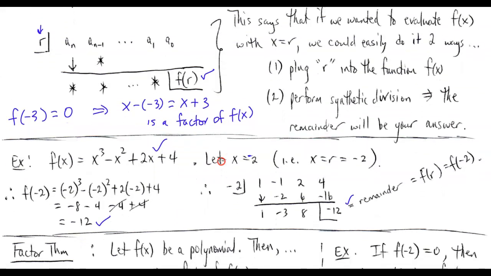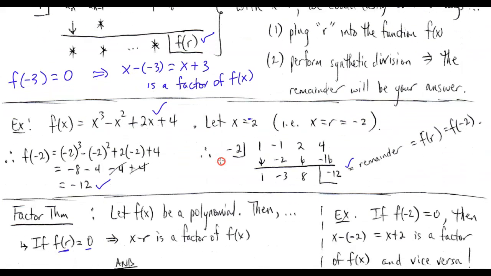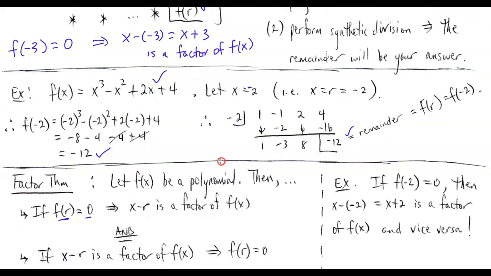So we also see here from the factor theorem that the opposite, or the converse statement, is also true, meaning that if I know that x plus 3 is a factor of some polynomial, then I know that if I plug in -3 into that polynomial, I'm going to get 0 as a result. So this is what we call a bidirectional statement, or biconditional statement.